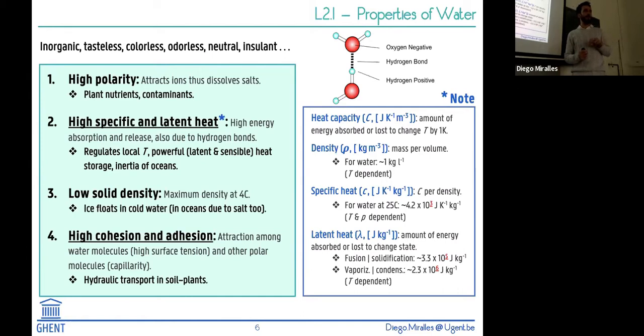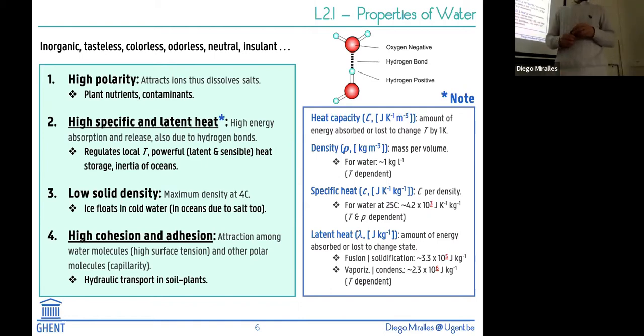Proof is that if you have the sun shining and you put a puddle of water and you have black soil next to it, I can assure you that the black soil is going to get super warm very quickly with the sun, and the puddle of water is going to change very little its temperature. That's because the specific heat of water is very high, still much lower than its latent heat, as I mentioned.